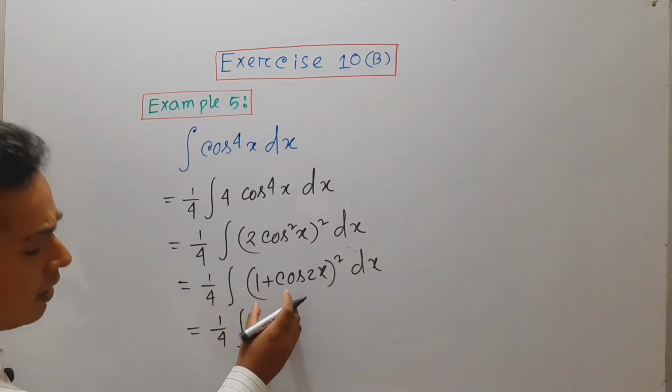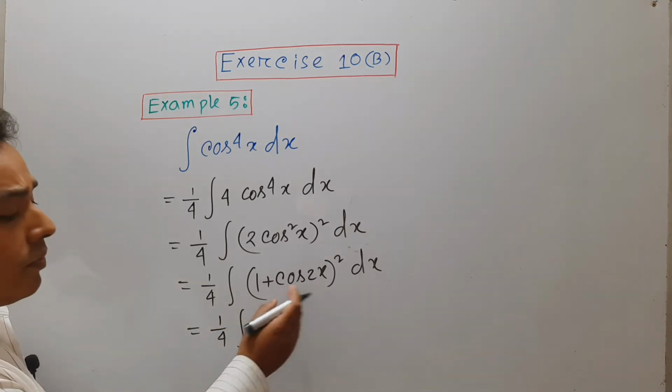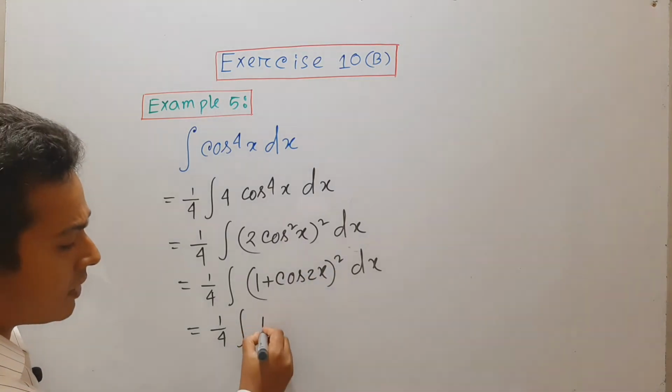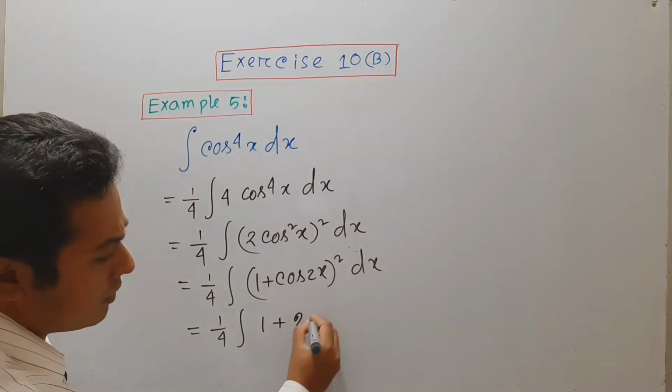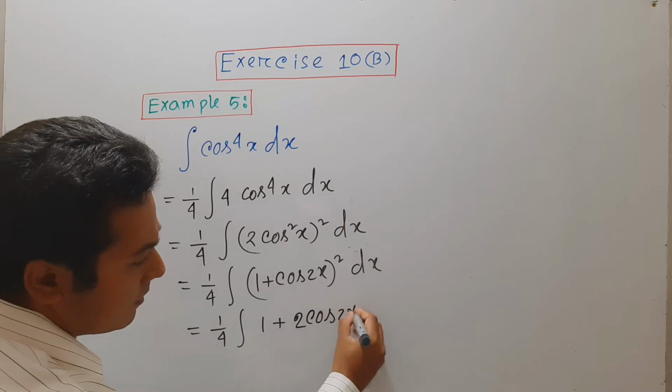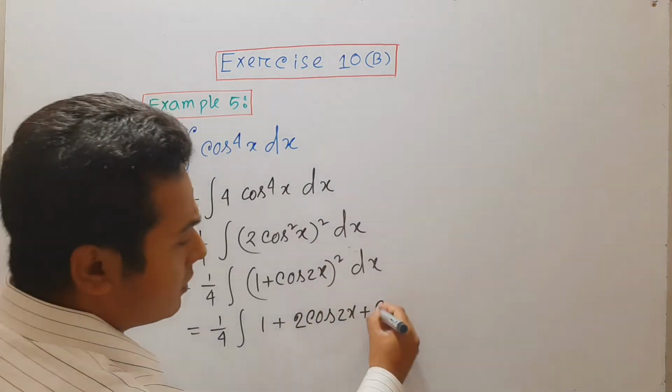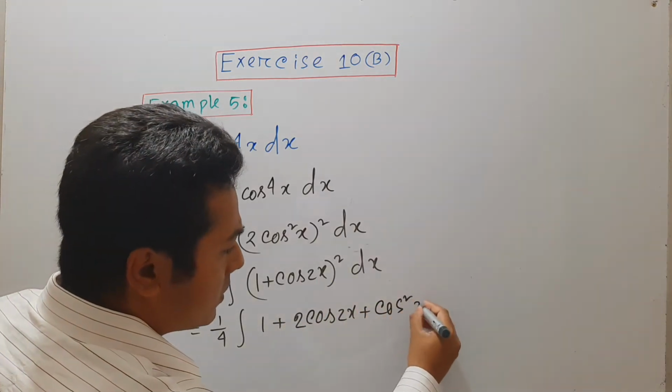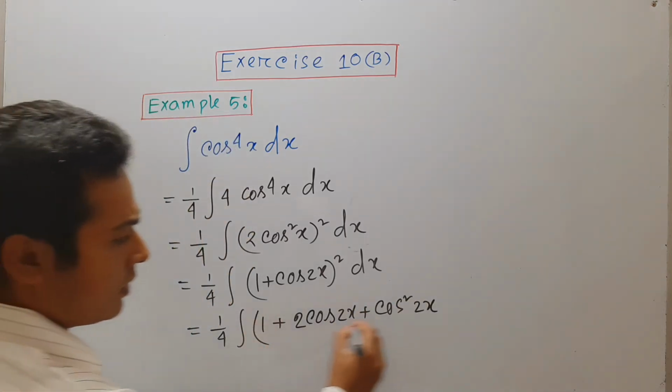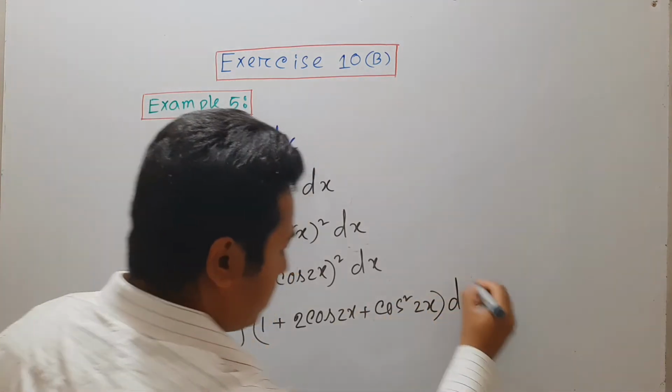So according to the algebraic formula, a plus b whole square is equal to a square plus 2ab plus b square, is equal to cos square 2x and dx.